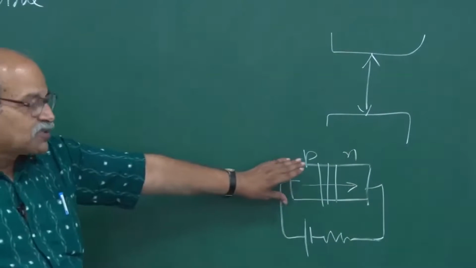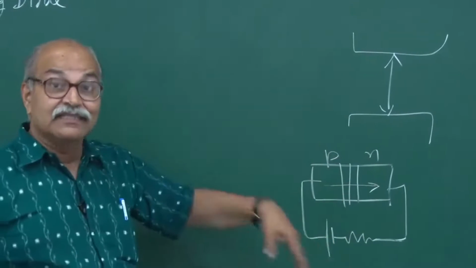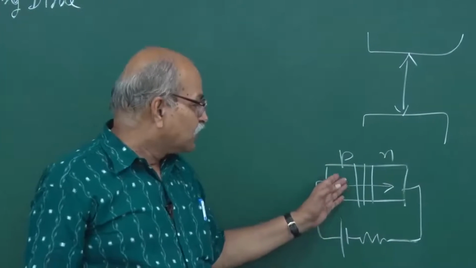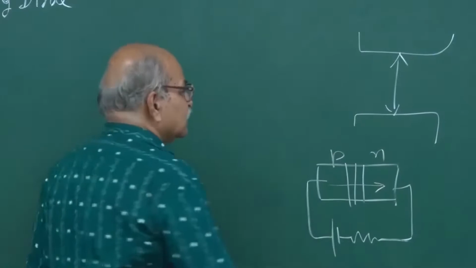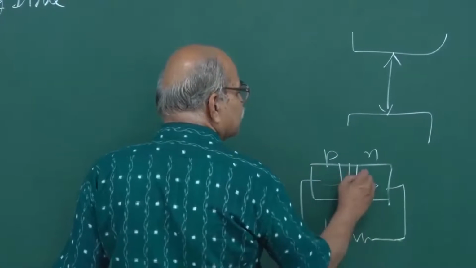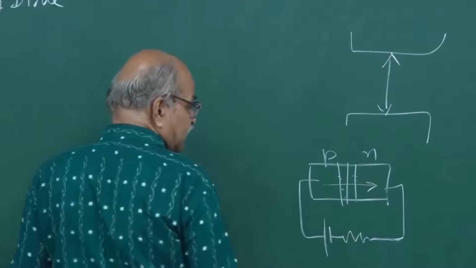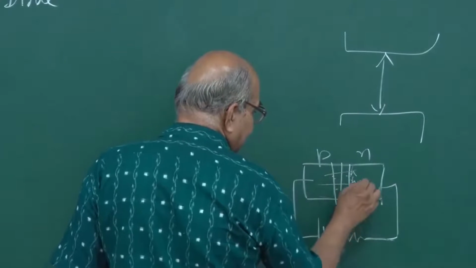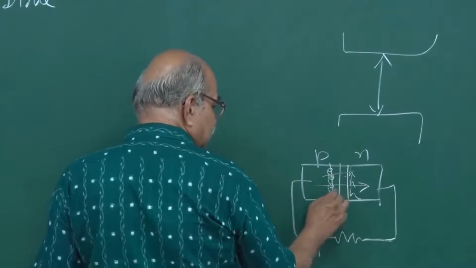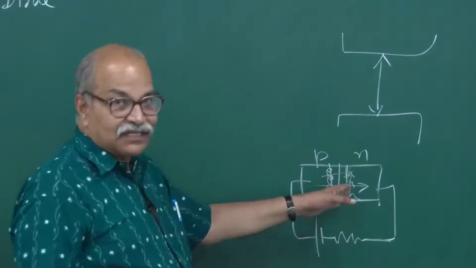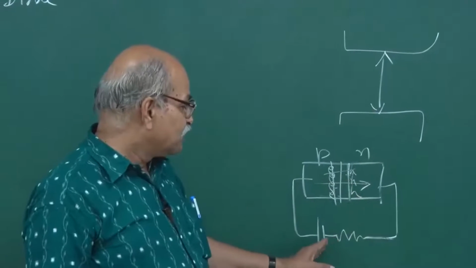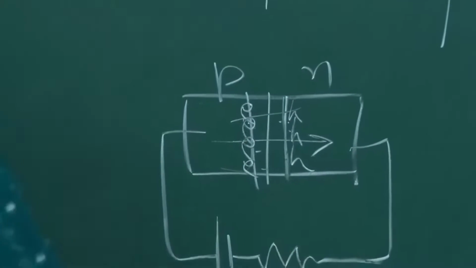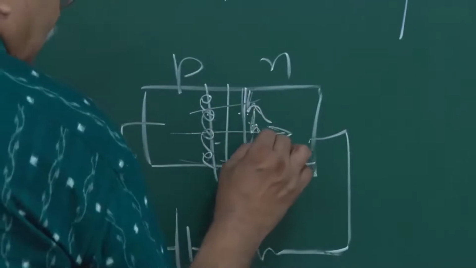You have reduced the barrier, so the diffusion current has increased manifold, the usual PN junction theory, and because of this increased diffusion, these majority carriers diffuse through that depletion layer. If you have lots of holes here, they diffuse on this side, and the electrons, they diffuse on this side. So, you have minority carrier injection, if you remember, right.